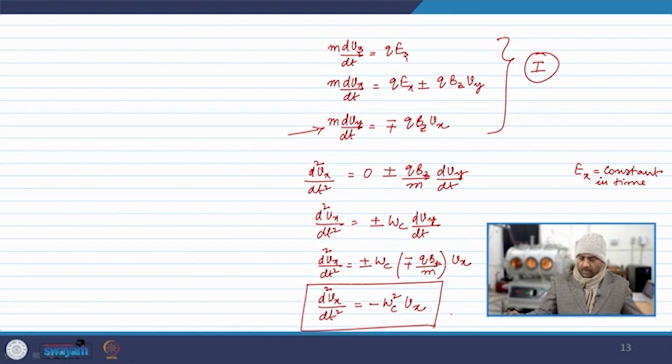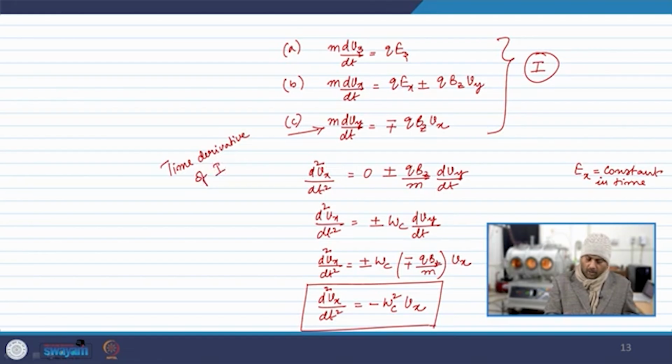Let us see the other equation. What have we done so far? We have taken a time derivative of, let's say this is A, B, C, Roman 1 B. Right.